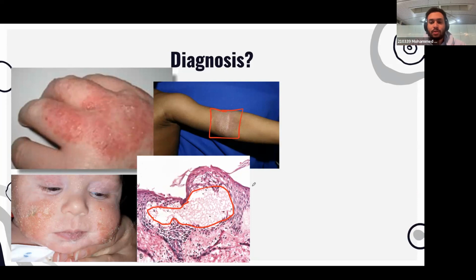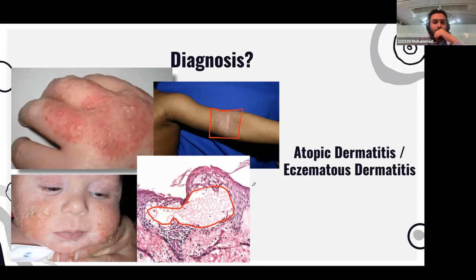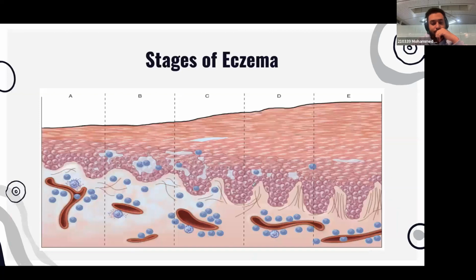So usually it's a chronic disease. It's not something acute. Urticaria is an acute finding. Now for eczema, I just want to mention very quickly: firstly, you have lymphocytes coming out of the blood vessels, right?